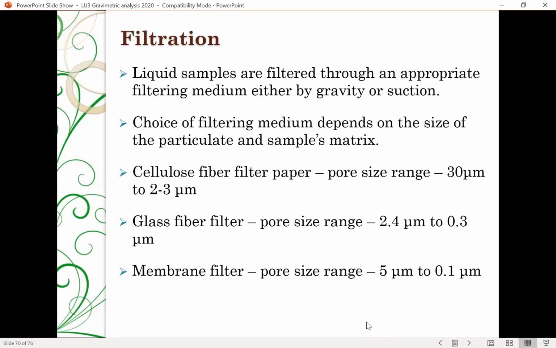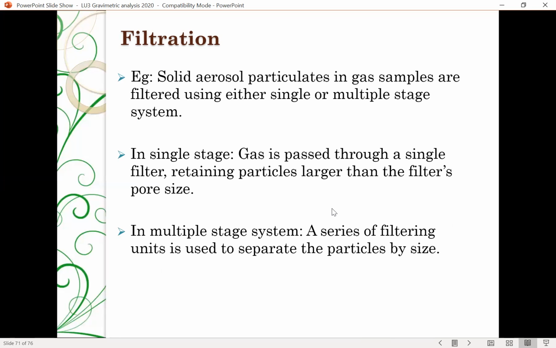If you look here, different types of filter will have different particulate pore size ranges that they can cater. Okay, so the choice depends on the type of your sample and the pore size range of your particulate involved in the filtration process.